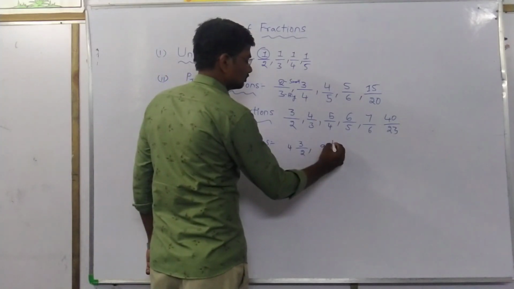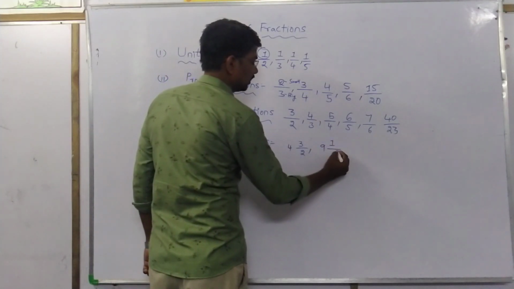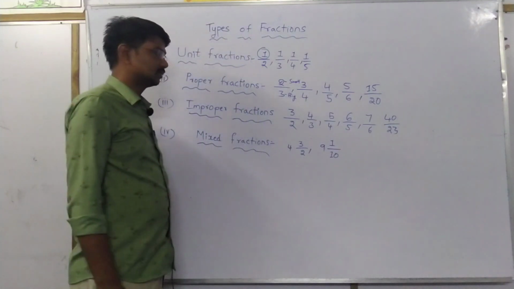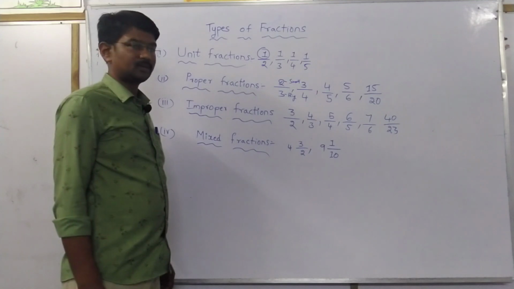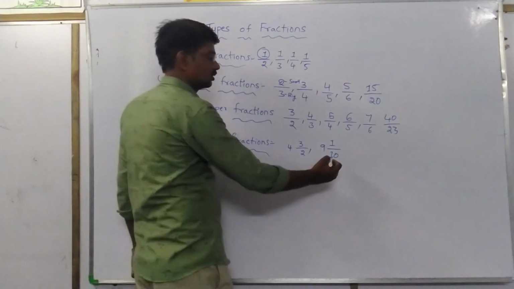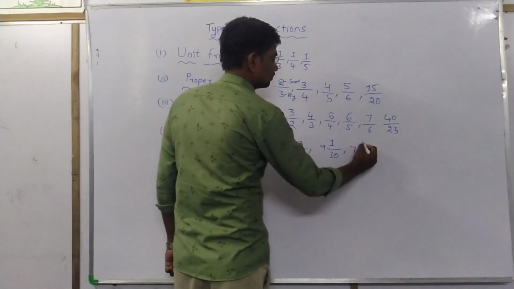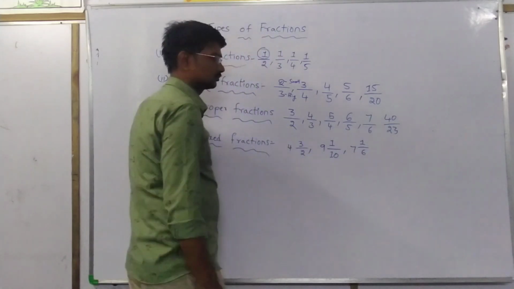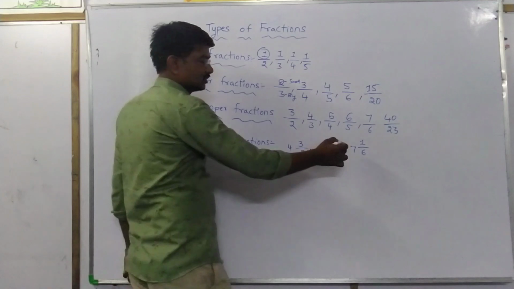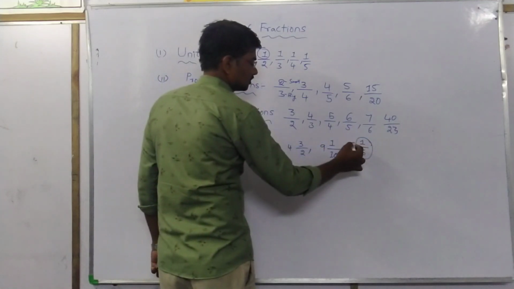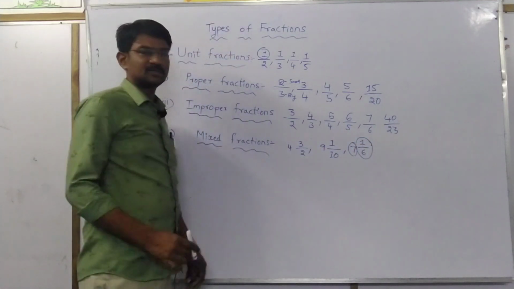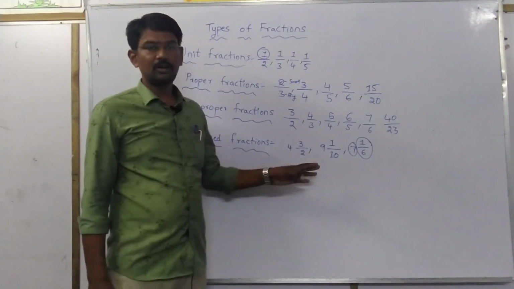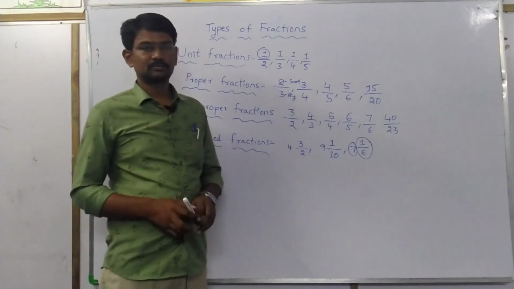For example, 9 1 by 10, and 7 1 by 6. This is the fraction part, and this is the whole number. A fraction along with a whole number is called a mixed fraction.